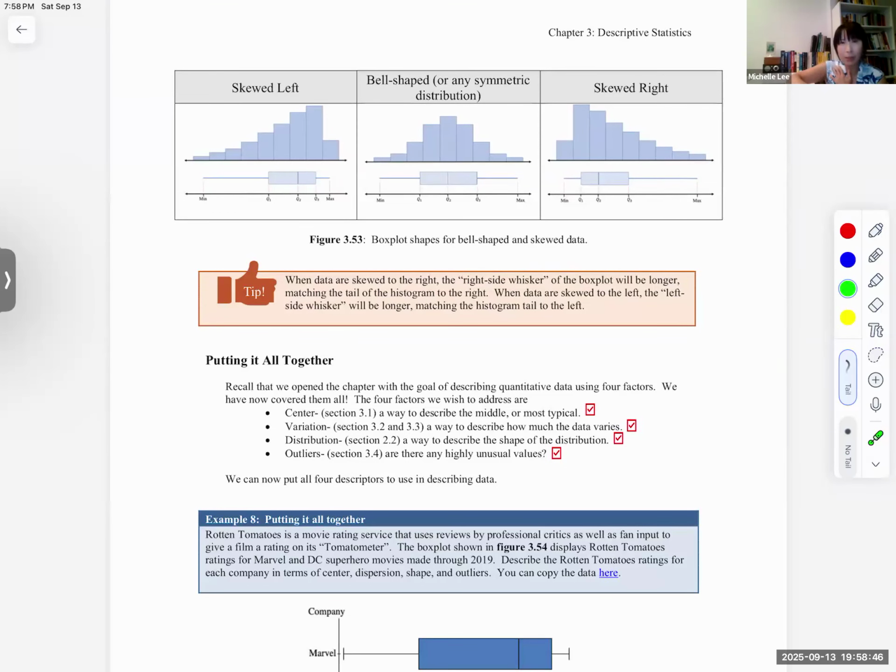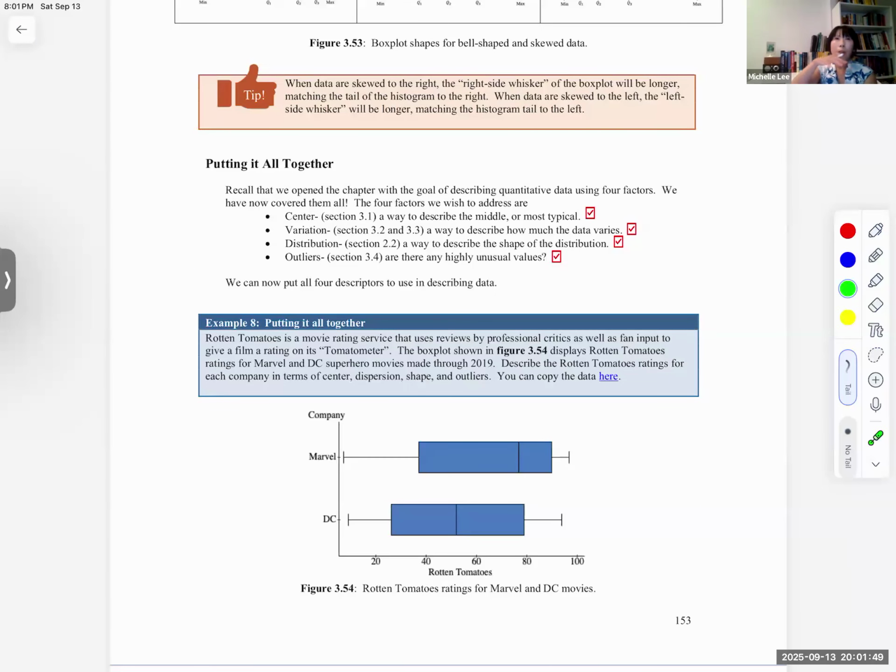Okay, we have an example here. Let's take a look. We have Rotten Tomatoes, a movie rating service, right? And then we have two companies and they talk about the box plot of the movies.